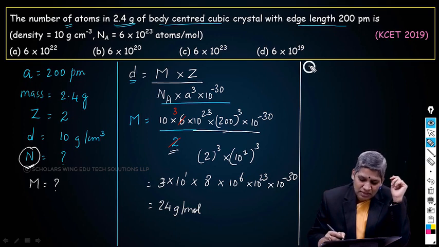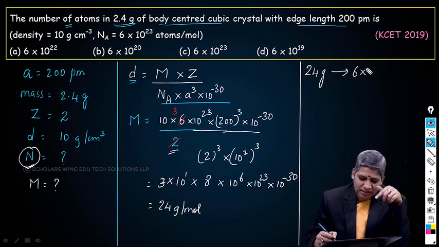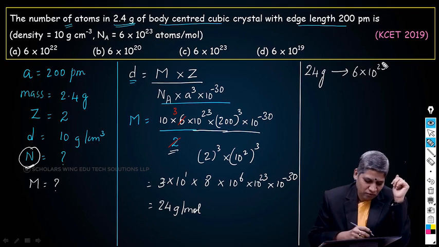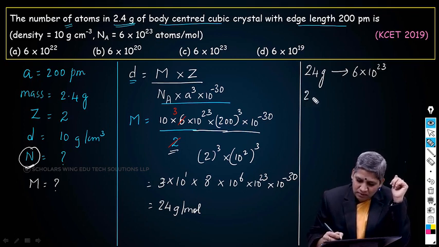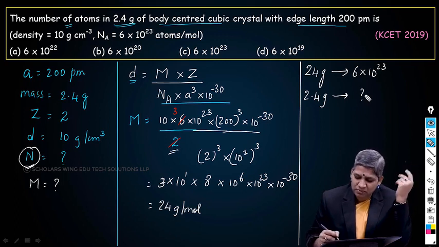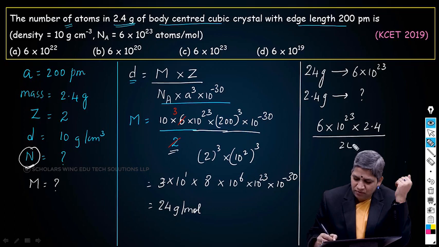Avogadro number of atoms. That means here it is 24. Therefore, 24 grams contains Avogadro number, that is 6 into 10 power 23. Therefore, 2.4 grams given mass contains how much? Simple. Cross multiply. 6 into 10 power 23 into 2.4 whole divided by 24.